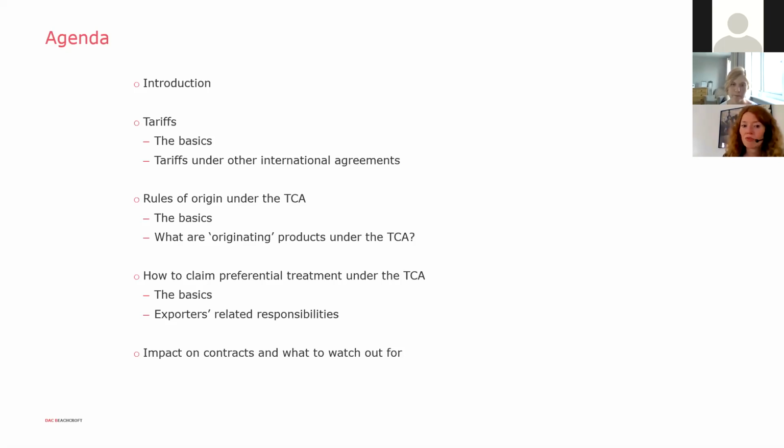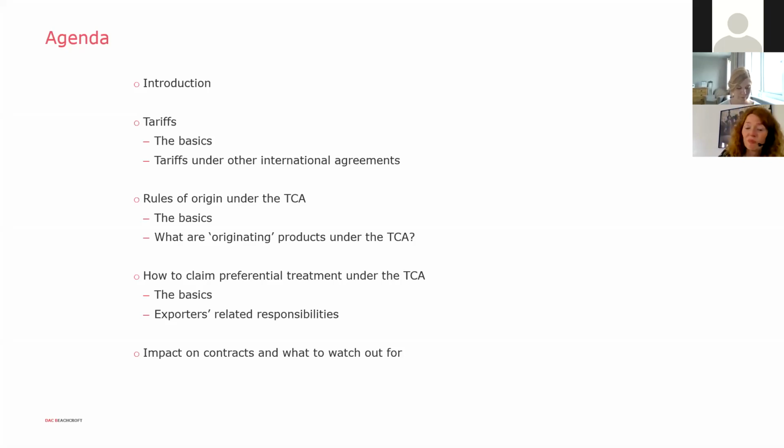Then we're coming to the rules of origin under the TCA, the basics for those of you who are not aware of them, and then also an overview of what are originating products under the TCA. Those of you who have a lot of experience will know that the most difficult ones are those in relation to products which consist of material which is from third countries, but we're going to look into this in a bit more detail.